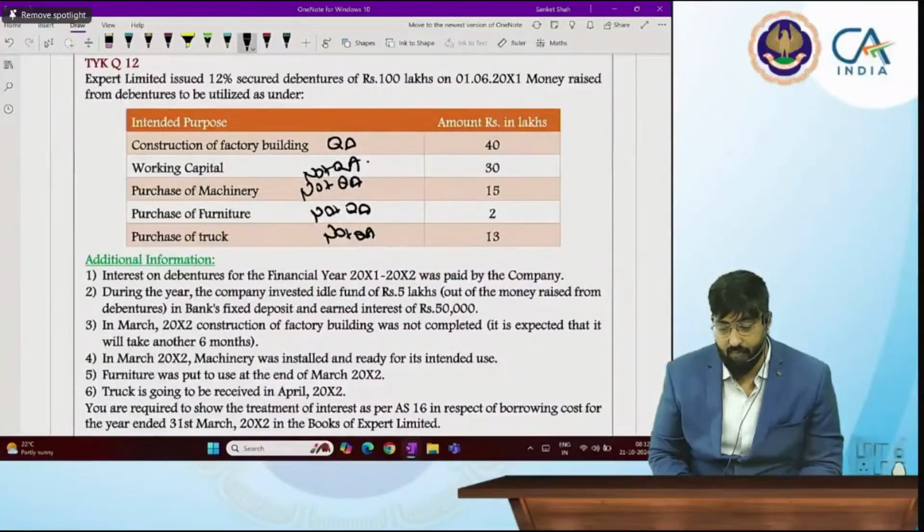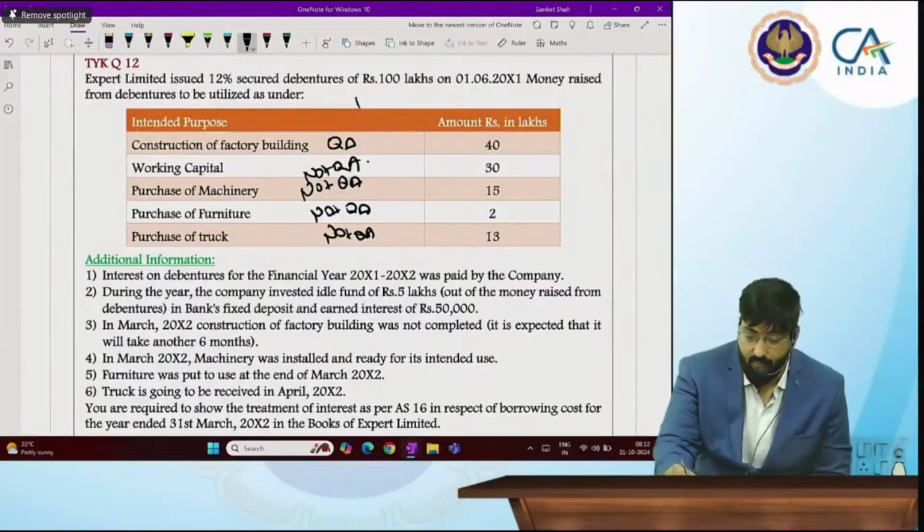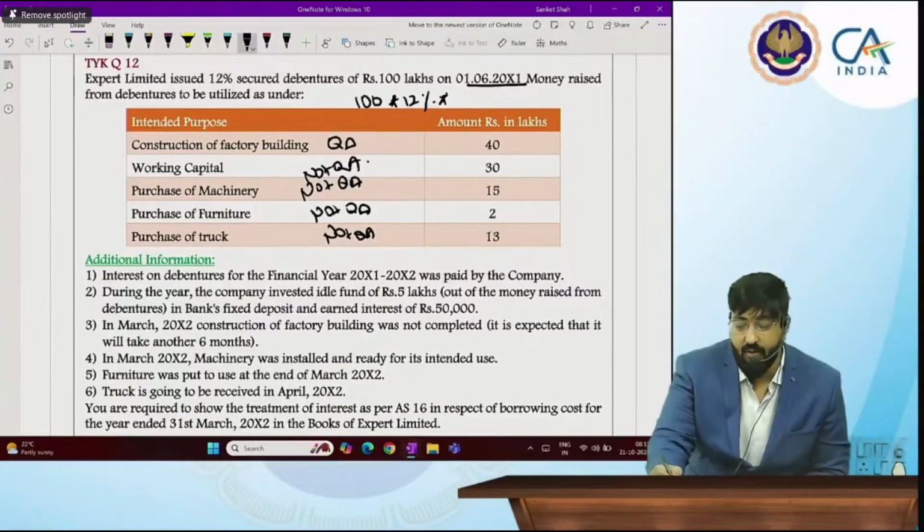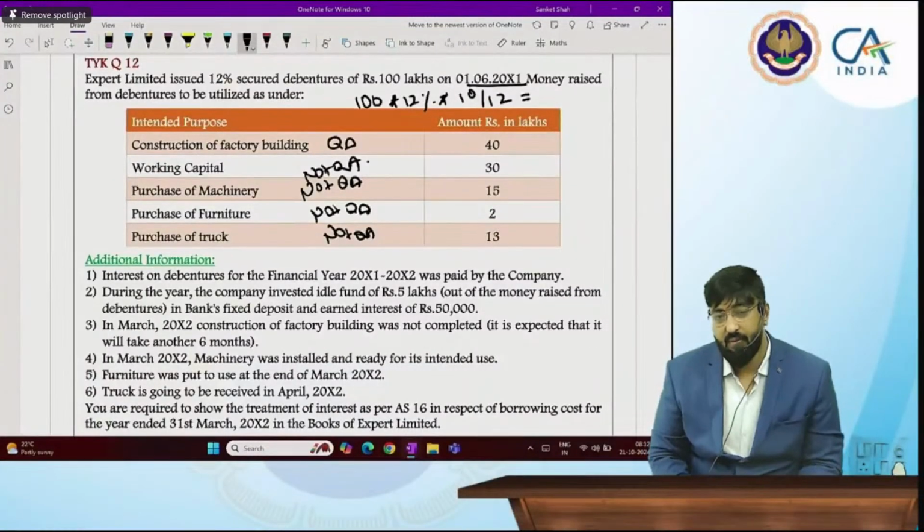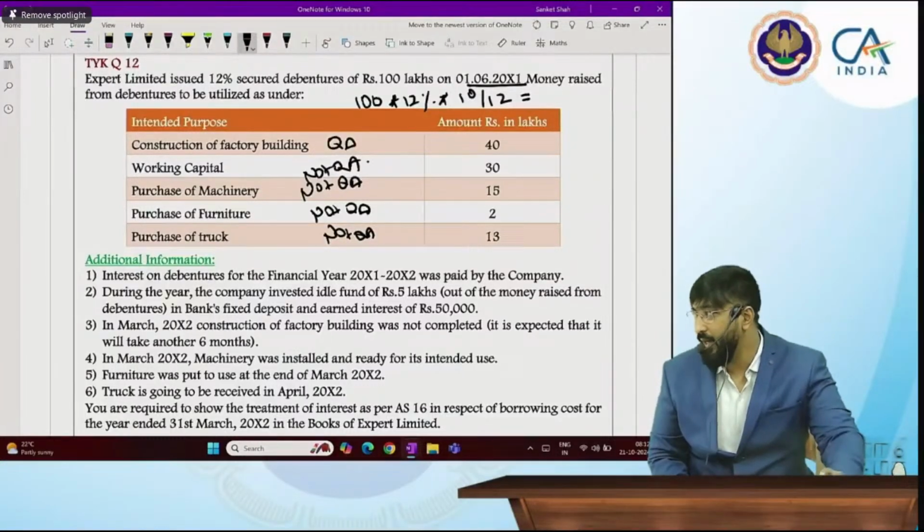We have borrowed 100 lakhs into 12%. Wrong. When did you borrow it? Okay, 1/6. So how many months? Into 10 by 12, 10 months. Don't consider June. April and May are gone.